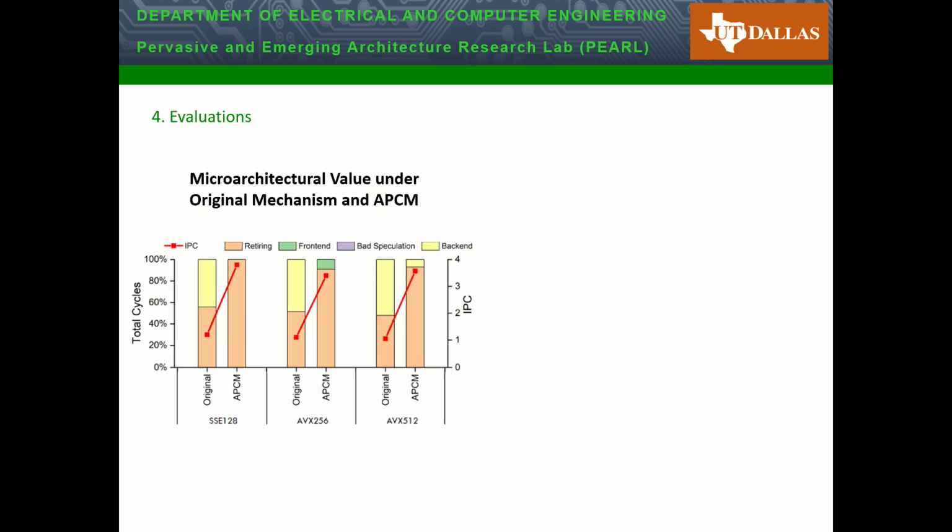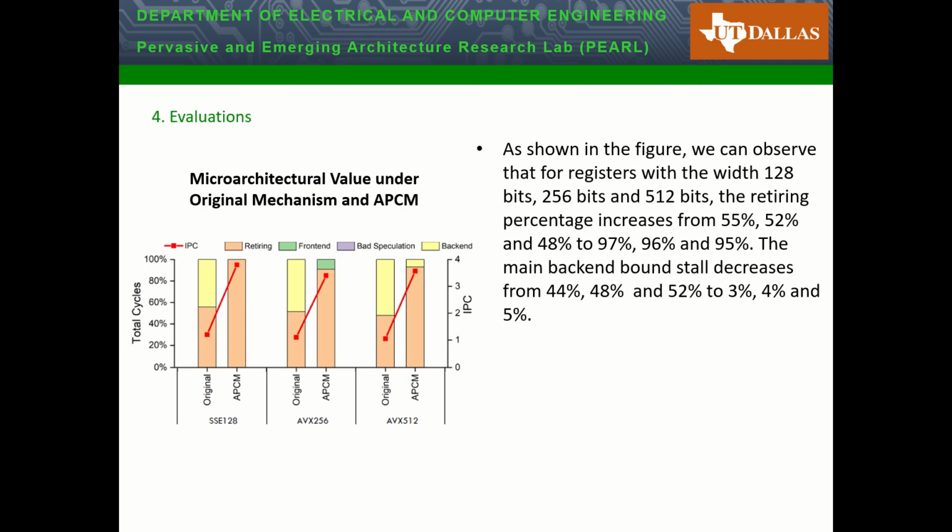We then estimate the macro values under original mechanism and APCM. As shown in the figure, we can observe that for registers with the widths 128 bits, 256 bits, and 512 bits, the retiring percentage increased from 55%, 52%, and 48% to 97%, 96%, and 95%.